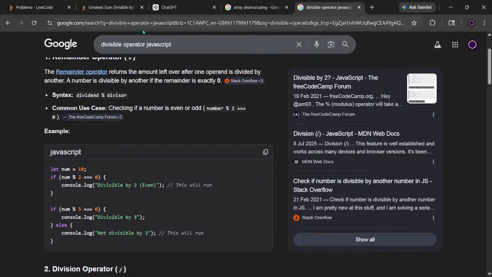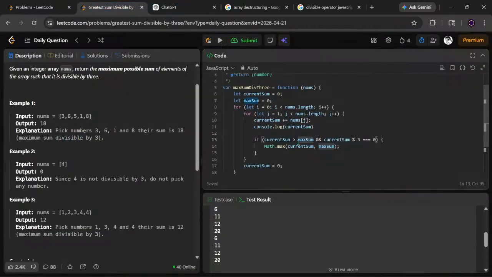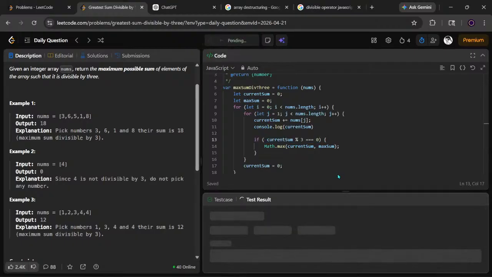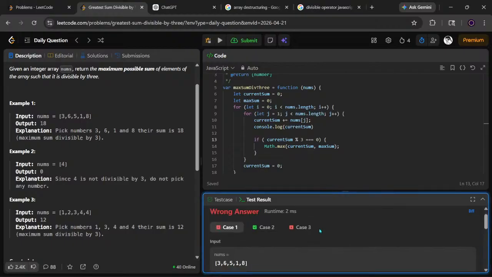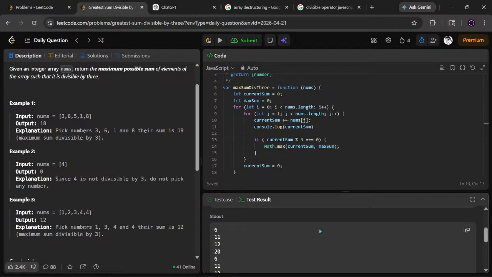This is what I did. Instead of taking this thing, still 18 got missed, bro. How? Is it because of you?